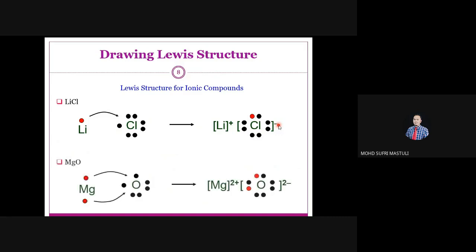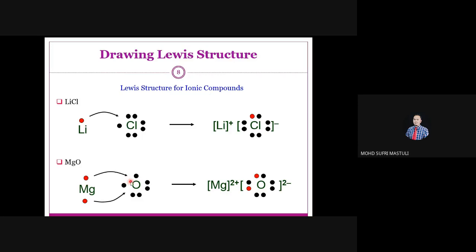Okay, another example of magnesium oxide. We know magnesium is from group 2. It has two valence electrons. Oxygen from group 6 has 6 valence electrons. So by right, you can understand since this is 2, this is 6.